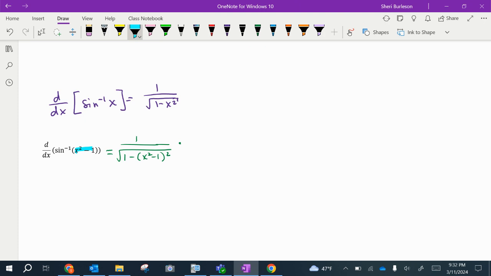The derivative of x squared minus 1 is 2x. So my derivative is going to be 2x over the square root of 1 minus the quantity x squared minus 1, squared. Because this goes here, and then its derivative goes there.